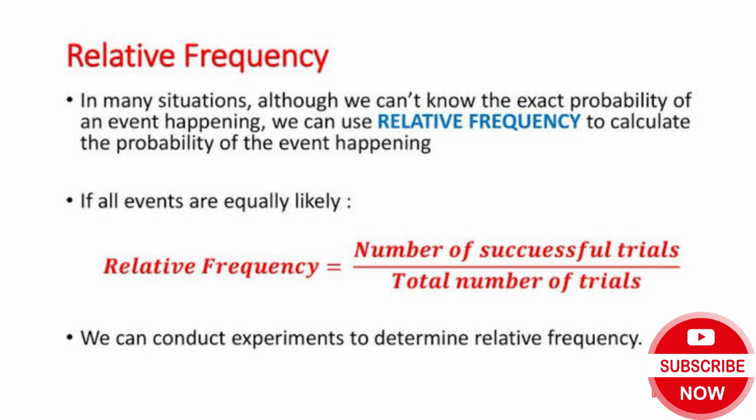So we can conduct an experiment to determine relative frequency. Examples of an experiment are the examination that we just talked about, or you can give a treatment of a particular drug to a particular disease. It's an experiment, and you can calculate the relative frequency.